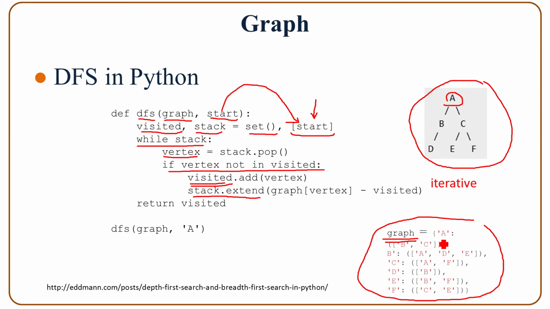If you say graph A, you get the values of that corresponding key, which is a list containing B and C. So when you call graph and then give it a node, you get the children or the adjacent nodes of that vertex.